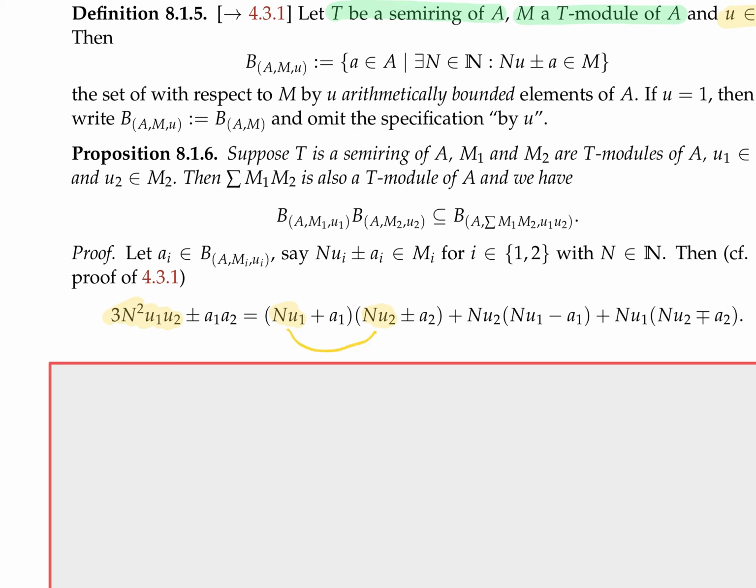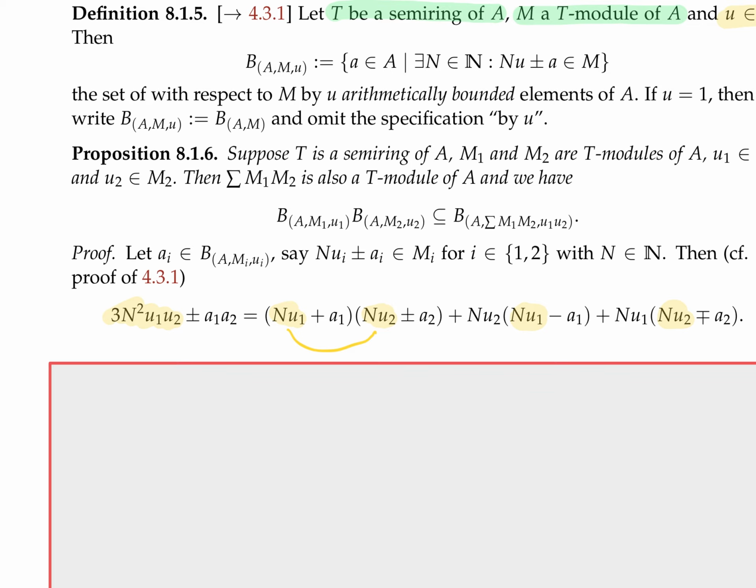That gives 1. The other one is here, if I multiply this with this. And the third one is here. So this gives this 3n squared u1 u2.